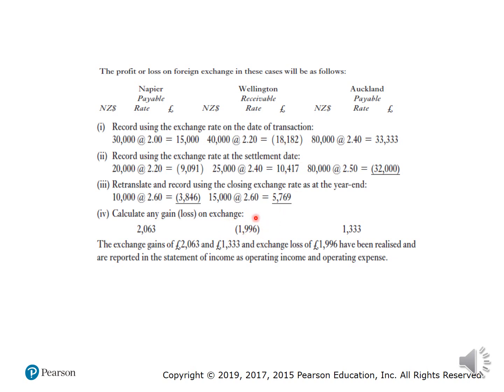So this is our loss. So this is the amount of gain from the purchase transactions, and this is the loss because of our foreign exchange difference in relation to the sales transaction. All right, so these gains and losses should be recorded as realized profit or realized loss in our financial statements.